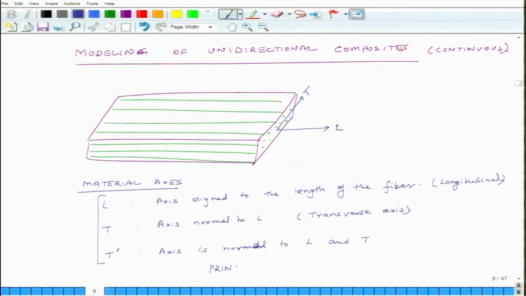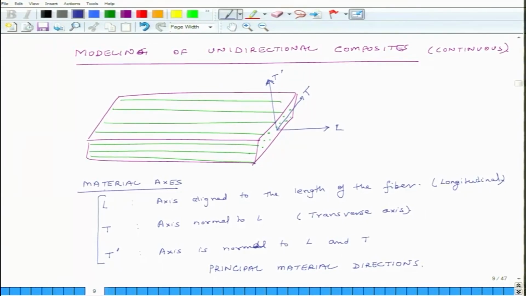It is the same thing. Either you call it material axes or principal material directions. So, where would T be located? T would be located something like this, and T prime is located something like this. So, these are the 3 principal material axis directions.